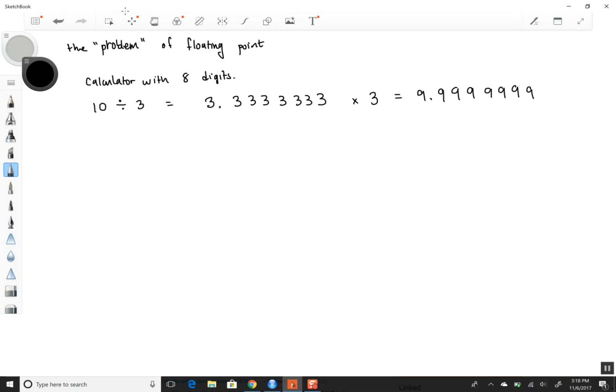So 10 divided by 3 times 3 is no longer 10. It's something a little bit different. And the problem is that with finite representation, ten over 3 is equal to 3 and, what is this?